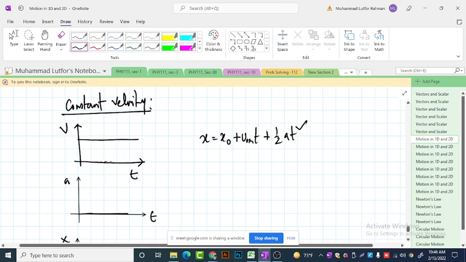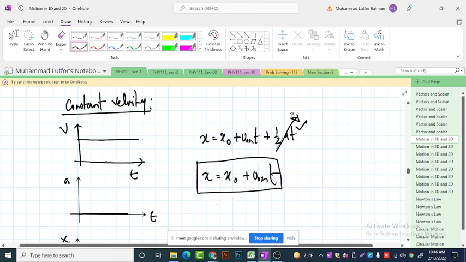If it moves at a constant velocity, then your acceleration is 0. Then your equation becomes x equal to x naught plus v naught x into t, which is actually a straight line equation, y equal to mx plus constant c.